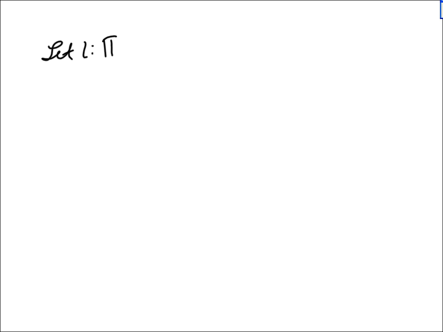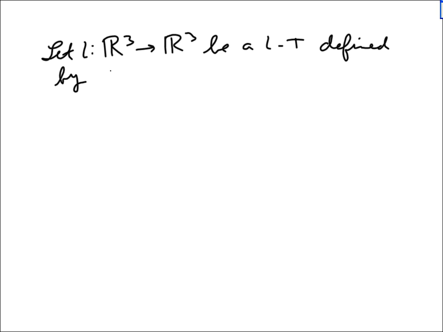Let L from R3 to R3 be a linear transformation defined by L of something in R3, call it X, Y, Z, equal to itself.